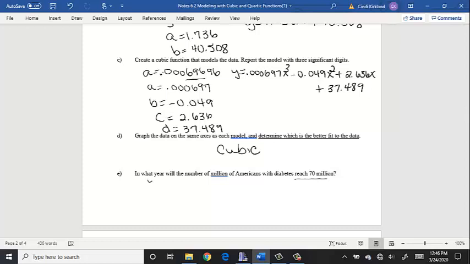So I'm going to write that cubic function one more time. We're trying to solve for X. We want our Y value, which is the number of people with diabetes, to be 70 million.